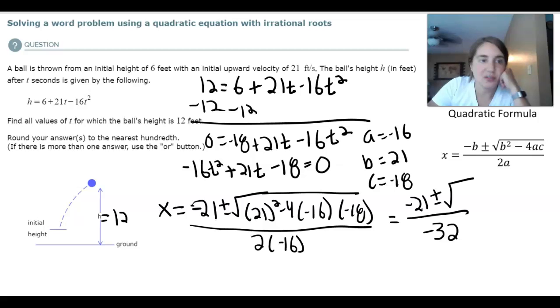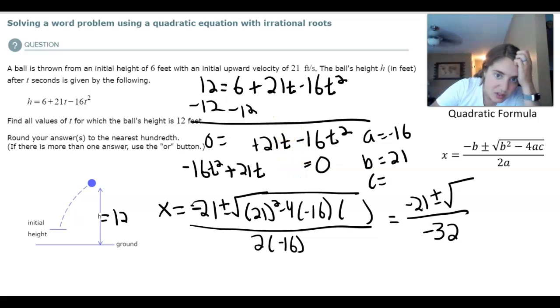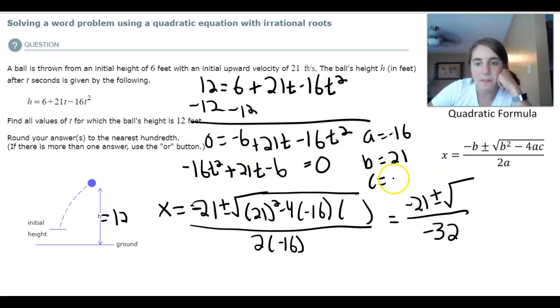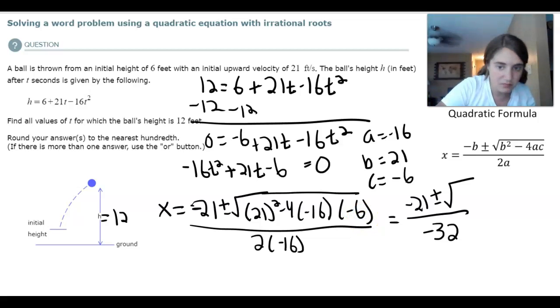I made a mistake with my b value, or my c value. Six minus 12 is negative 6. This becomes the square root of 57.